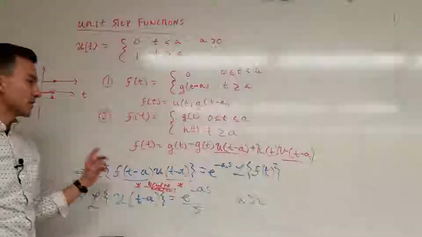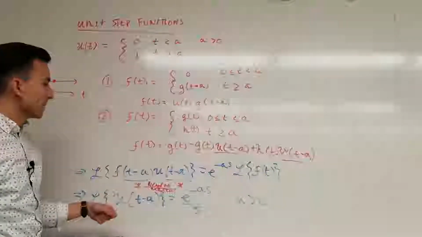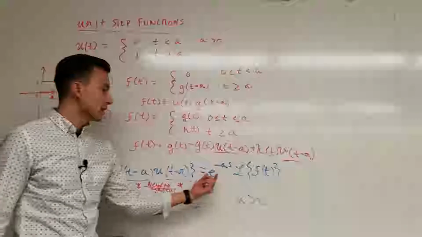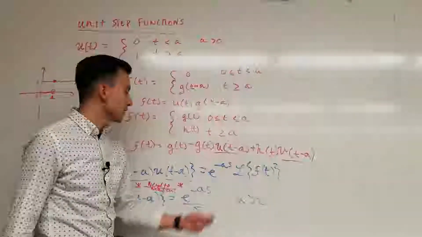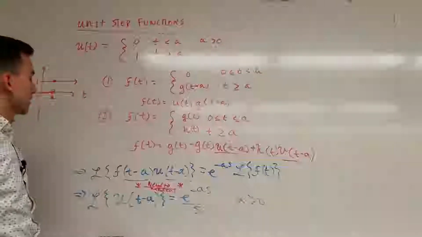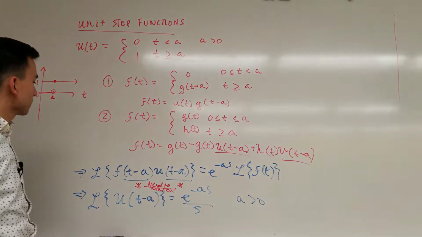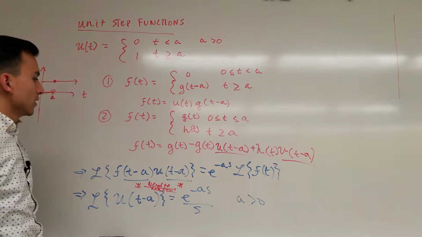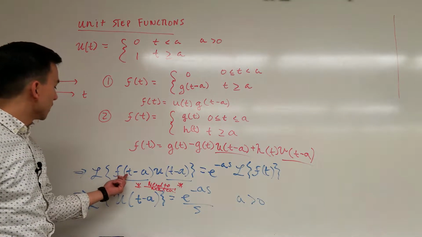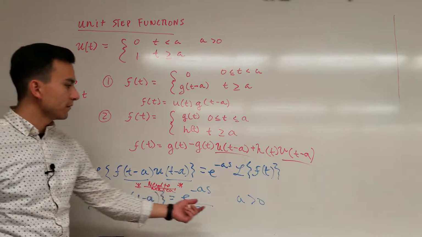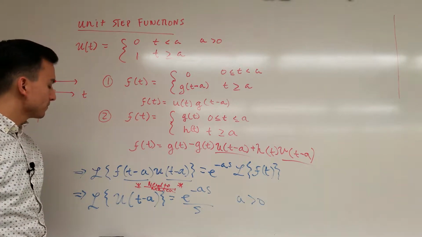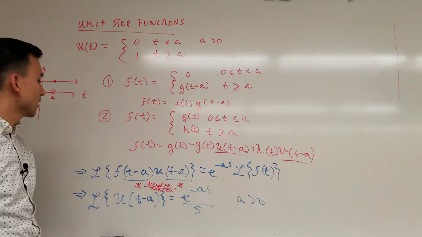Now the unit step is different because when we Laplace it, we get this e to the negative as. And then we're left with the function f of t. We need to Laplace that function f of t, whatever it is.